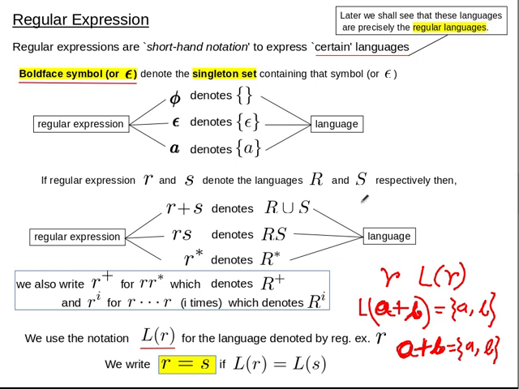So, for example, we can talk about, say, a star union b star. This makes sense if you treat them as sets, not just notation. Or even, say, intersection.